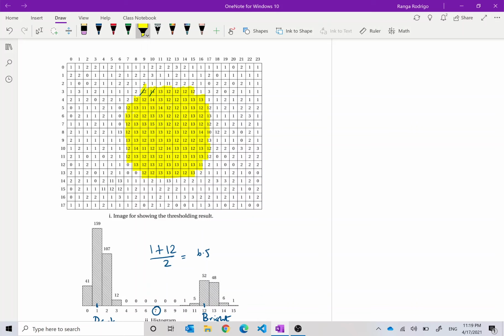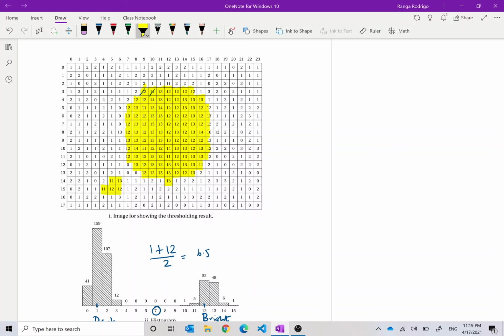Actually, the Otsu algorithm, which is not of concern in this question, does that computation of finding the threshold in a bimodal histogram. But the problem here is you can see this isolated region which is above 7 also gets segmented. So this is the answer to the second part.